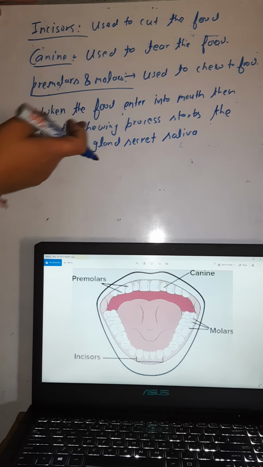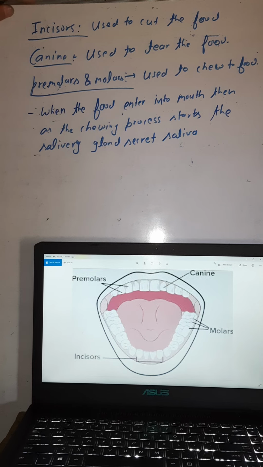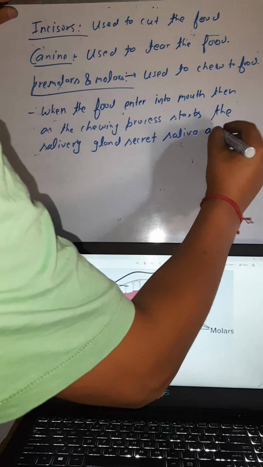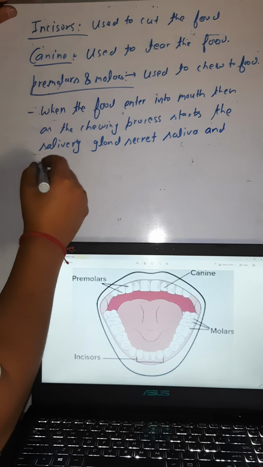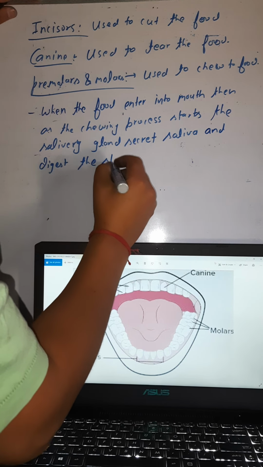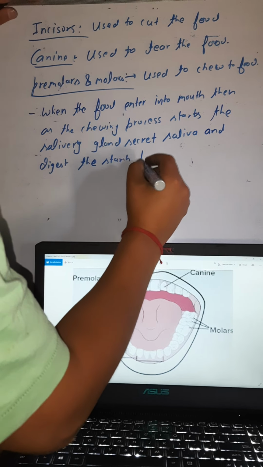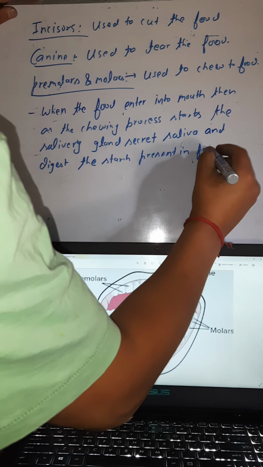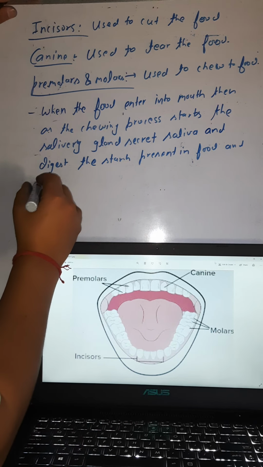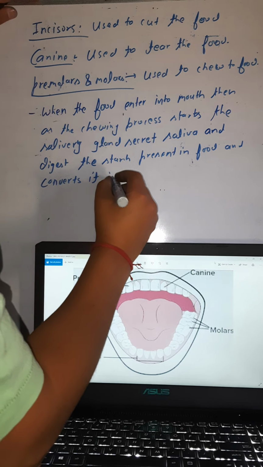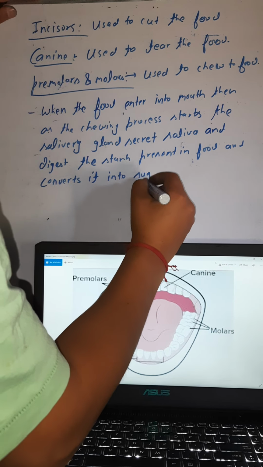As the chewing process starts, the salivary gland secretes saliva and digests the starch present in food and converts it into sugar.